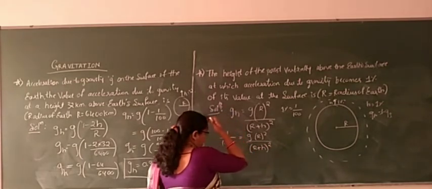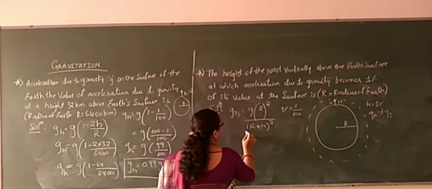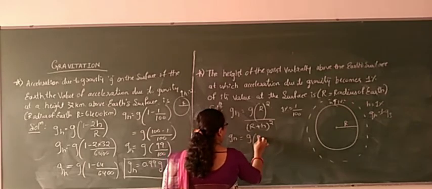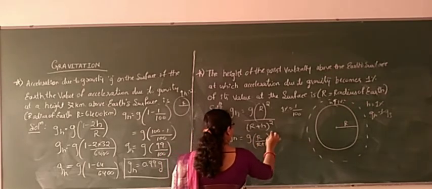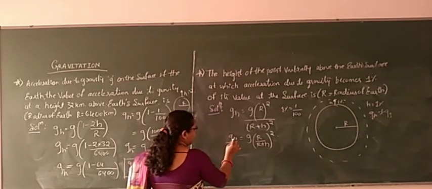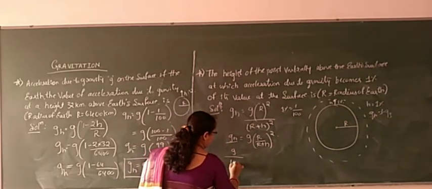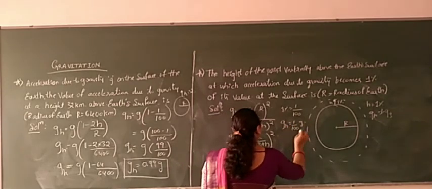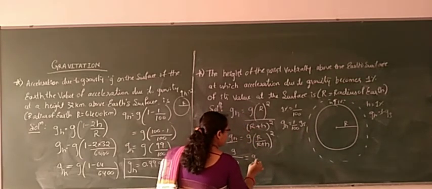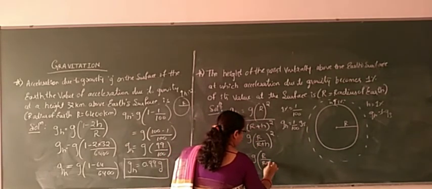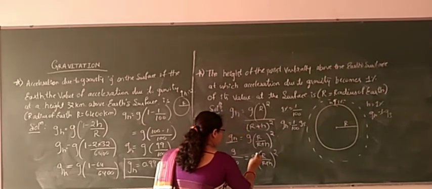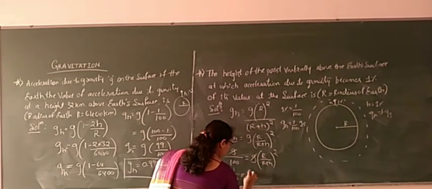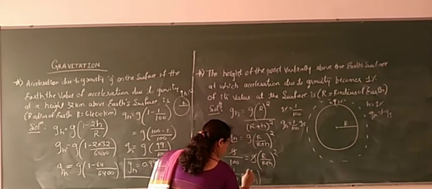Now what we have is r square by r plus h whole square, so we can write g of r by r plus h whole square. So g h can also be written as g by 100, meaning g h is equal to 1 by 100 of the gravitational acceleration on the surface of the earth. That is equal to g of r divided by r plus h whole square. Right? So g will cancel. Here 1 by 100 is equal to r by r plus h whole square.